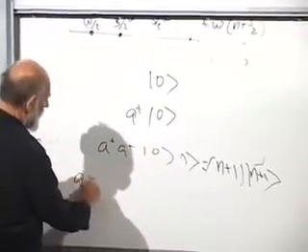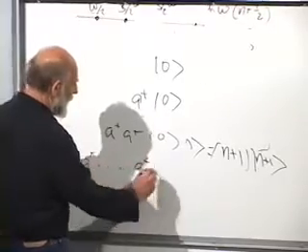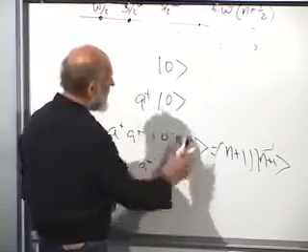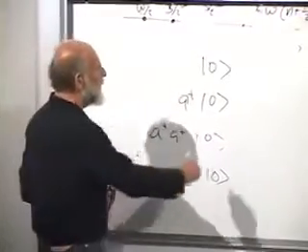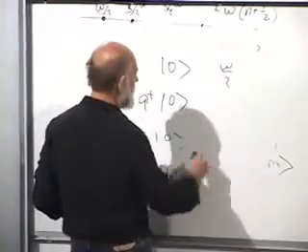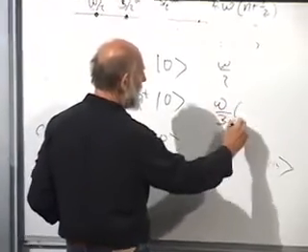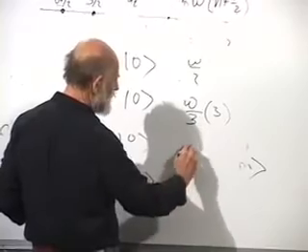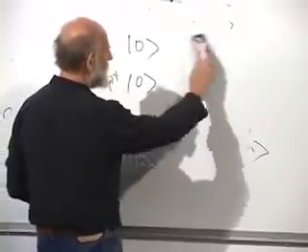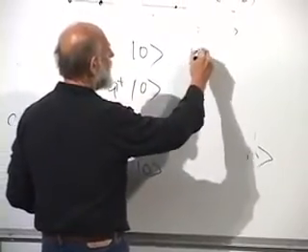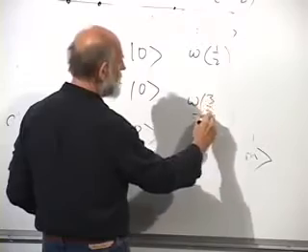Multiply it any number of times by A plus. And what you make is the sequence of energy levels: omega over 2, 3 times omega over 2, 5 times omega over 2, and so forth. You know what I mean. Omega times 1/2, omega times 3/2, and so forth.